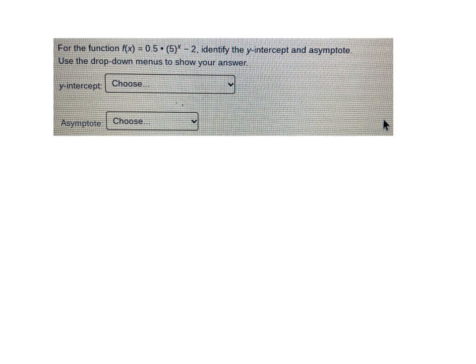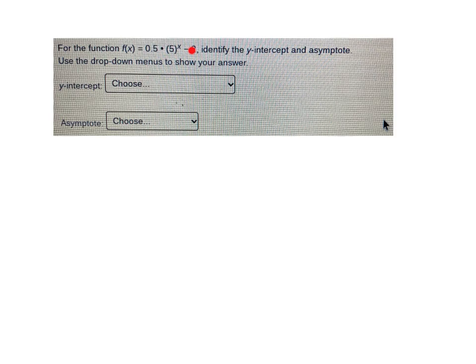All right, on this question, it says for the function f of x equals 0.5 times 5 to the x minus 2, identify the y-intercept and the asymptote. Use the drop-down menus for this answer.